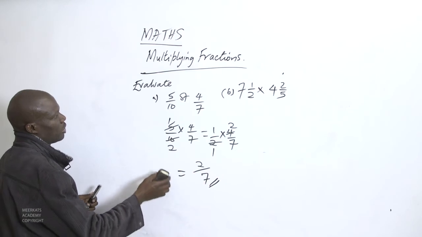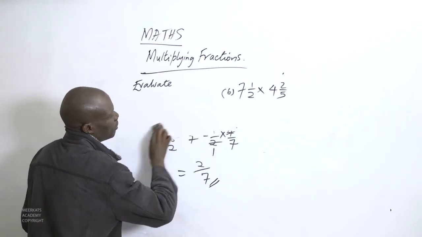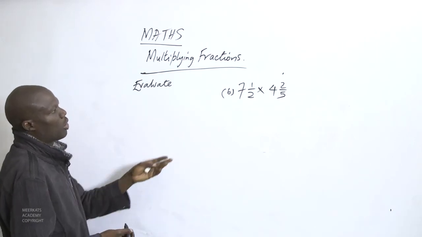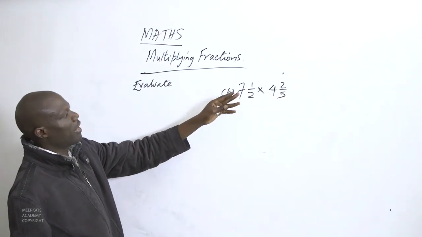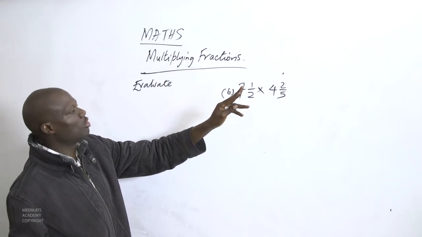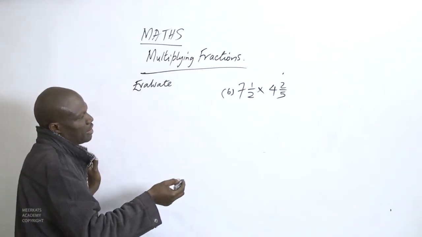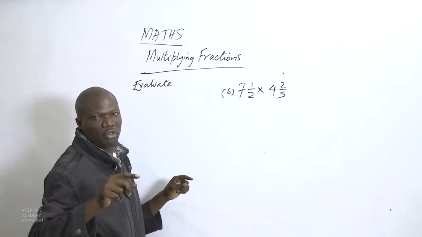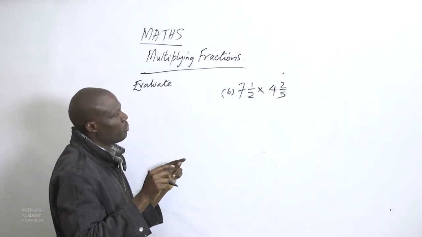For the second question, we have 7.5 times 4 and 2 over 5. The first approach we give with a mixed numeral is to convert what we have into an improper fraction.